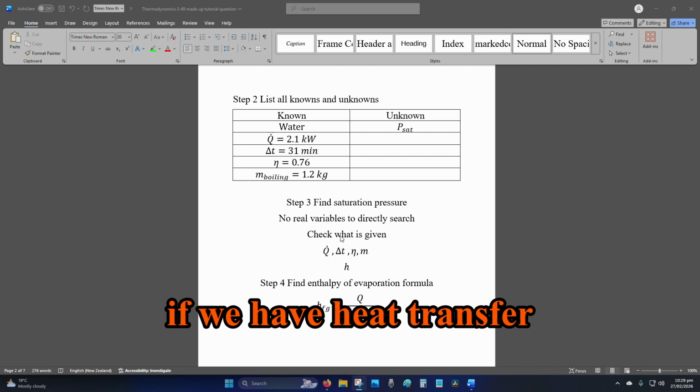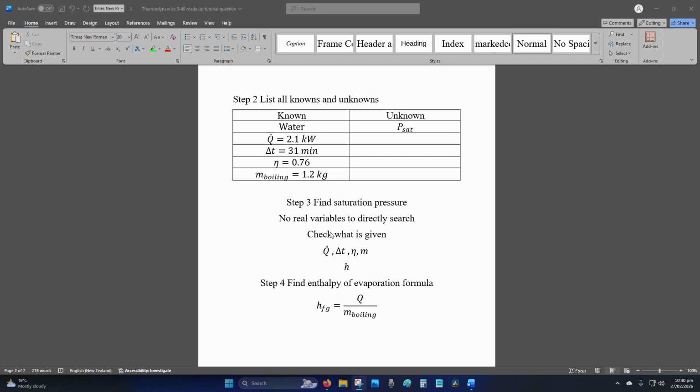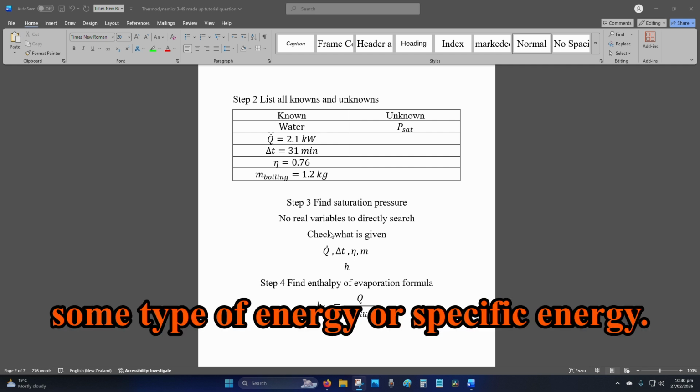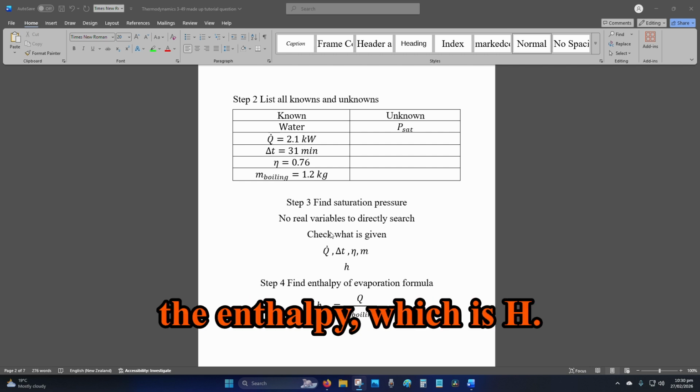So if we have heat transfer divided by mass, we can get some type of specific energy. In this case, it will be the enthalpy, which is h.